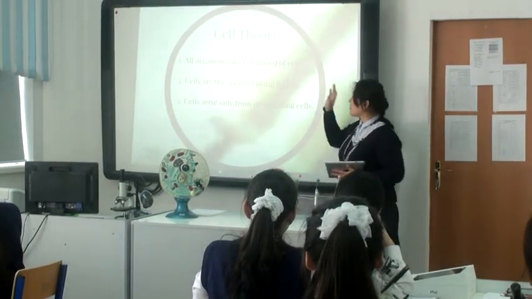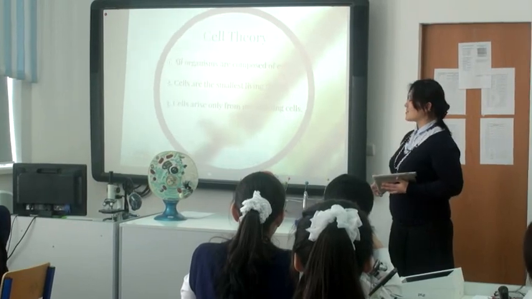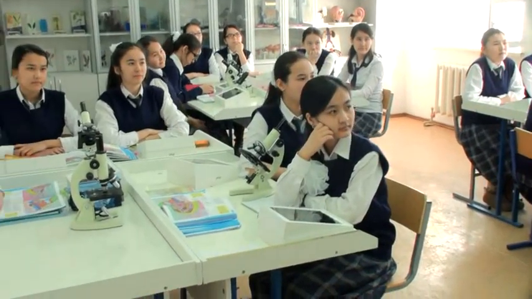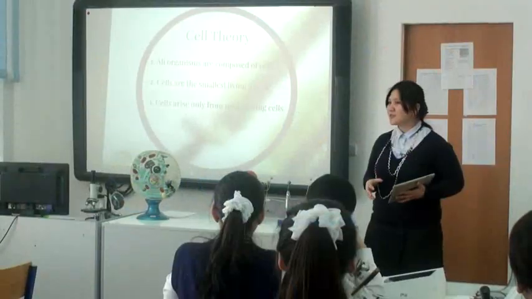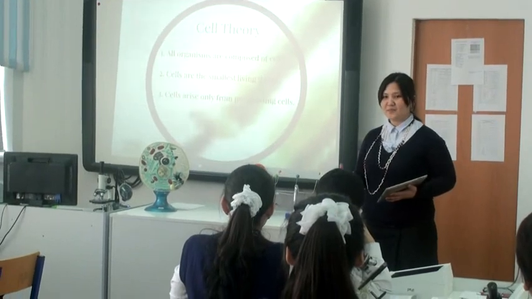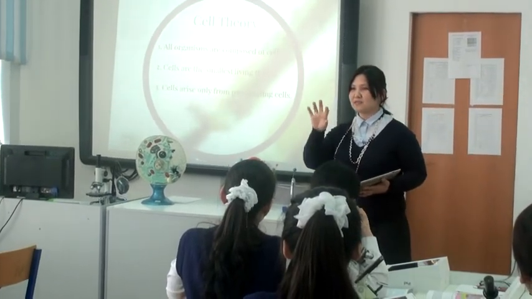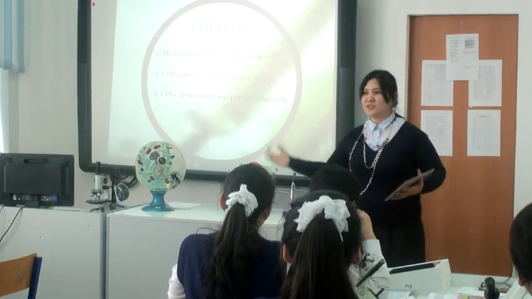First is that all organisms are composed of cells. The second one is cells are the smallest living things, okay, a micro world, we said. Then the last one is cells arise, produced from pre-existing cells. It means that one parent cell is divided into 2, into 4, then it continues.